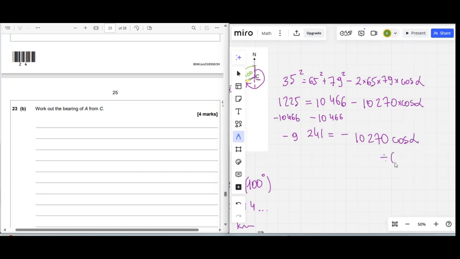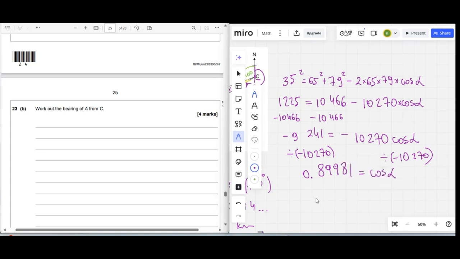Now both sides divided by whatever is next to our unknown, divided by 10,270, which is not negative, but positive, 0.8998. That is cosine alpha. So alpha is cosine to the negative 1 of this value.